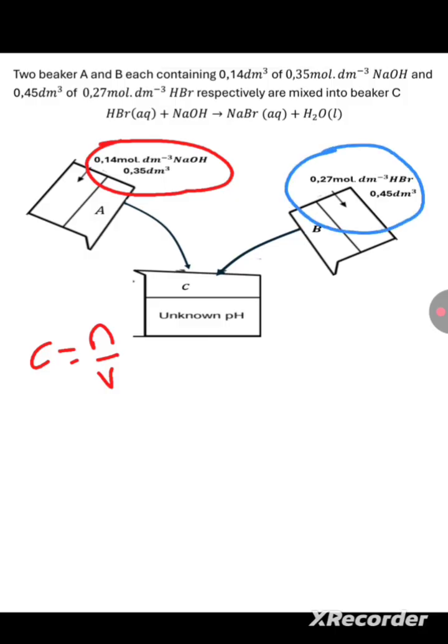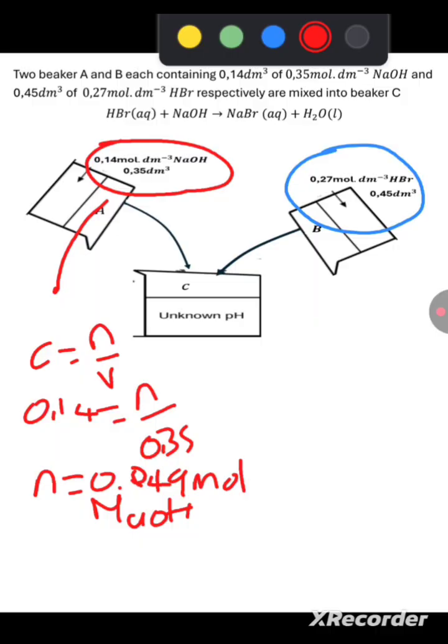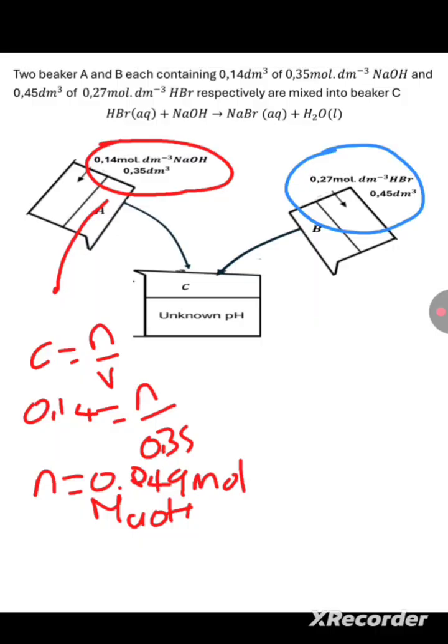The concentration here is 0.14, equal to number of moles over the volume, which is 0.35. Then the number of moles will be equal to, right, so we got this number of moles for NaOH. Now let's find the number of moles for the acid.